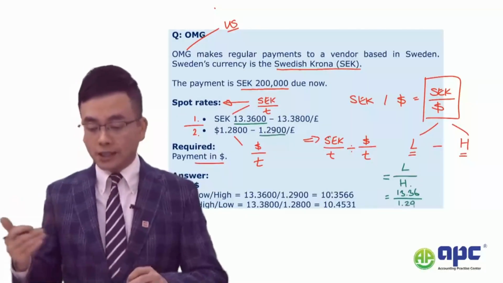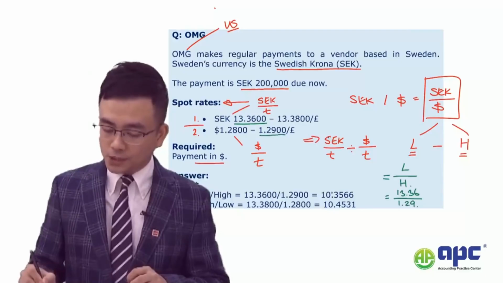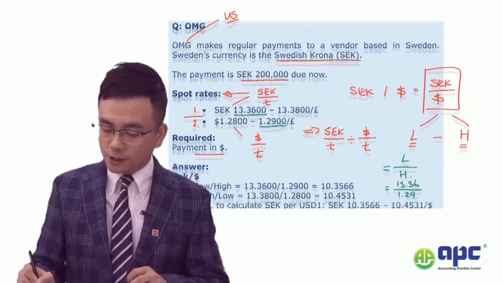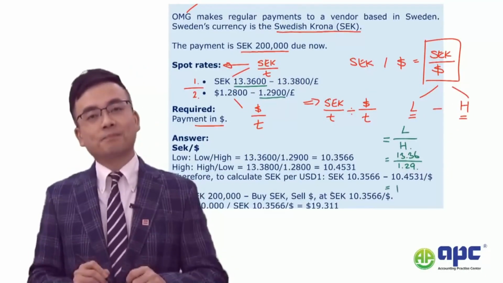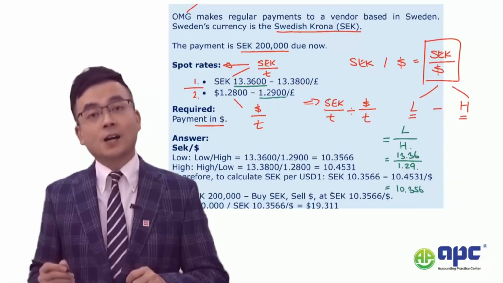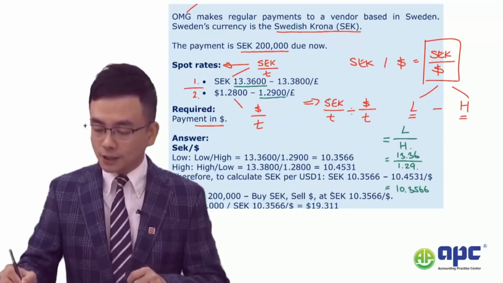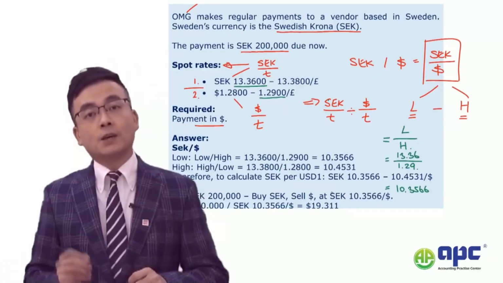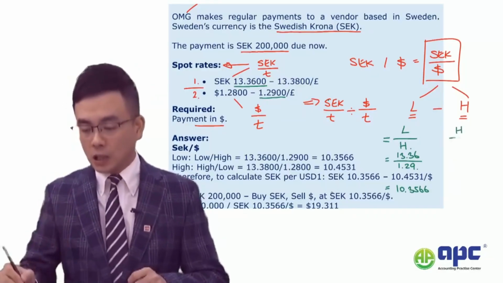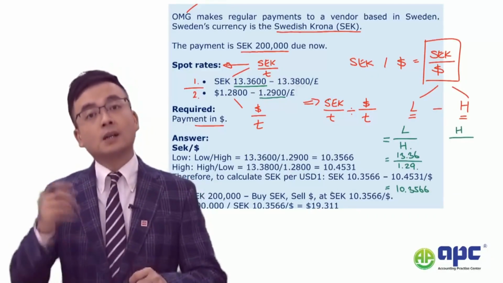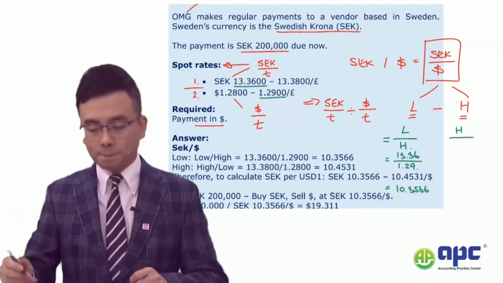So you can calculate directly, that becomes 10.3566. How about the higher value? Well, I would like to use the higher value in the numerator. If it divides into something that is quite low, that would give me a value that is even higher.